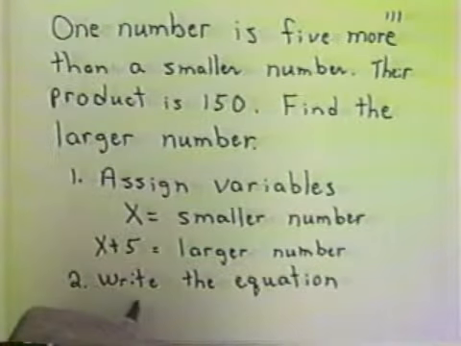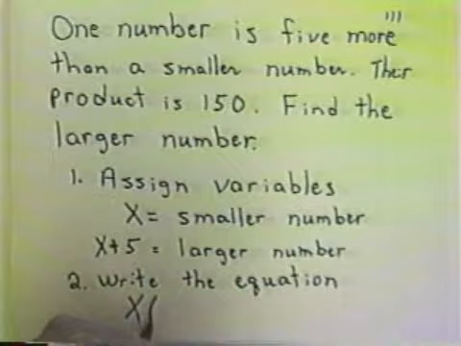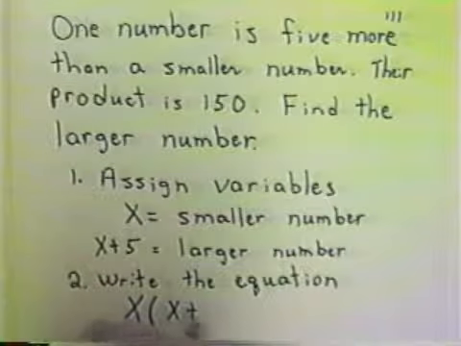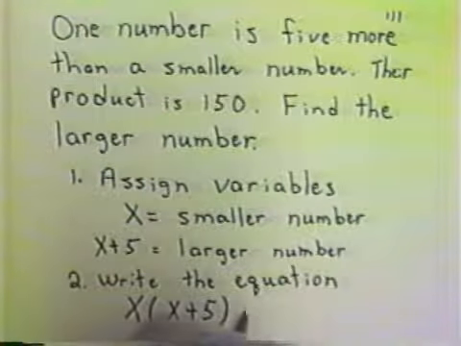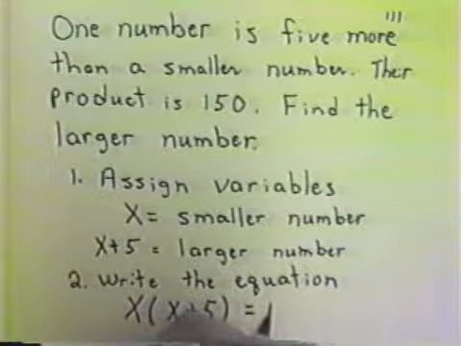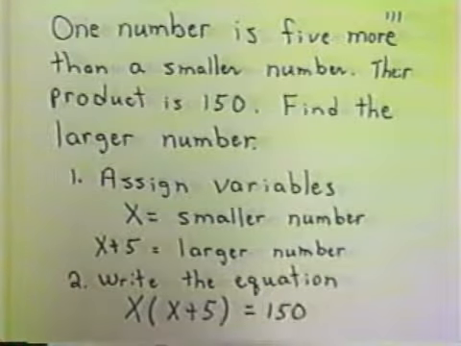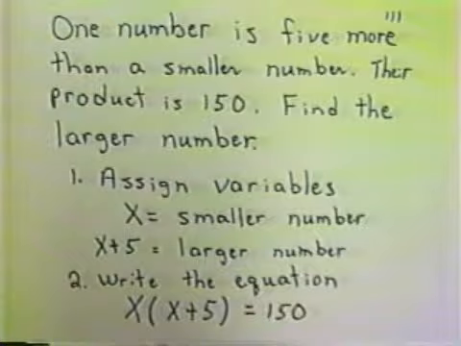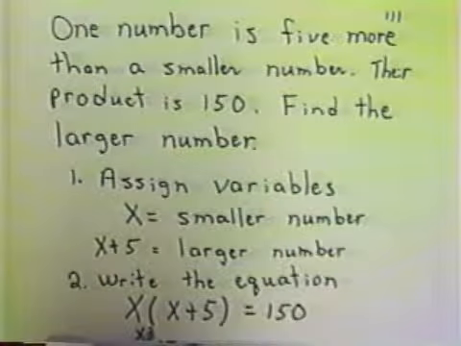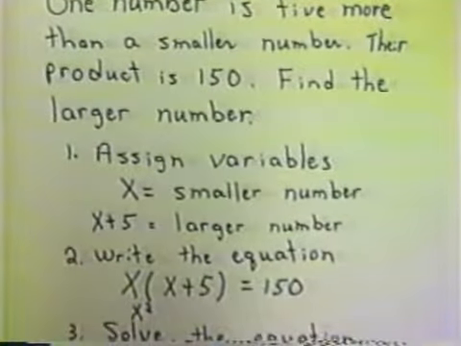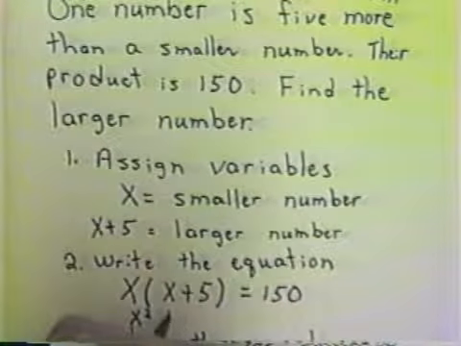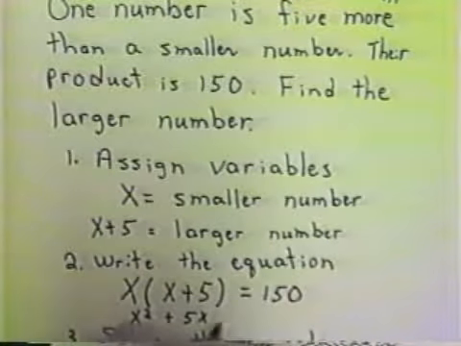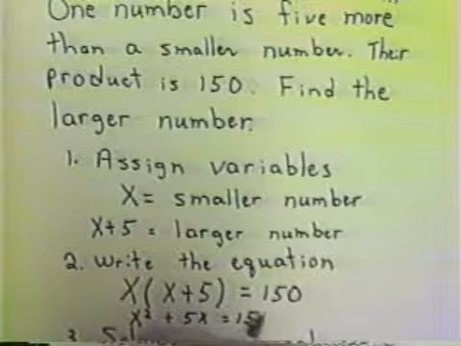So that's going to give me x times x plus 5 is equal to 150. Or I can write that as x squared plus 5x is equal to 150.